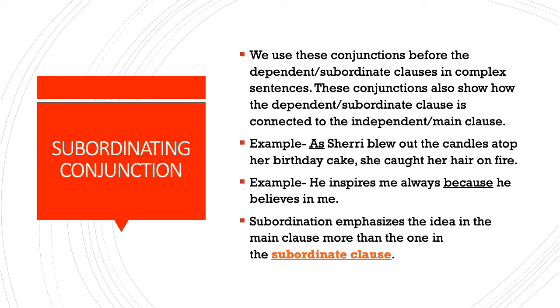Okay, so whenever there is a dependent clause, you will have to remember that that dependent clause will always begin with a subordinating conjunction. Again, in the same page, the second example, just see, he inspires me always because he believes in me.